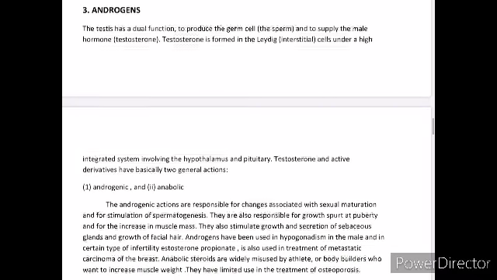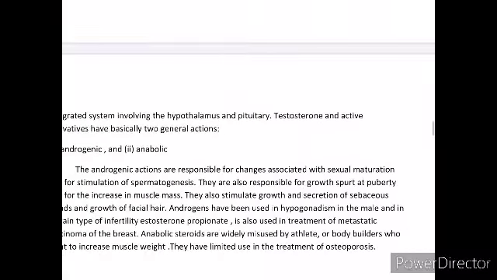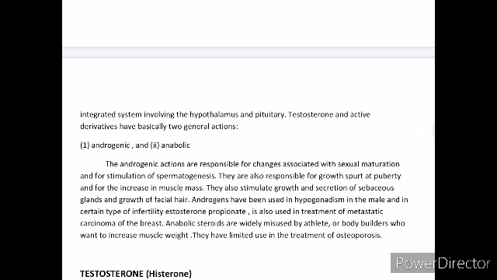Now these androgenic actions are responsible for changes associated with sexual maturation and stimulation of spermatogenesis. They are also responsible for growth at puberty and increase in muscle mass. They stimulate the growth and secretion of sebaceous glands and the growth of facial hair.